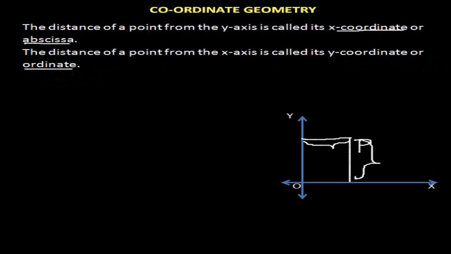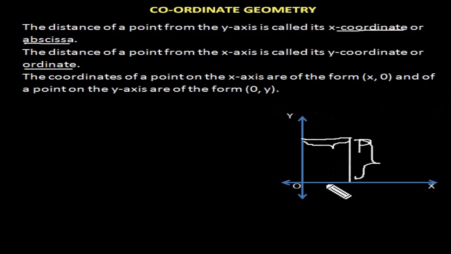And if any point lies on the x-axis, it will be of the form x, 0. Suppose if this point is 1, we write this point as 1, 0. And if we have a point 10 here, we write it as 10, 0. In this, the y-coordinate remains the same as 0.